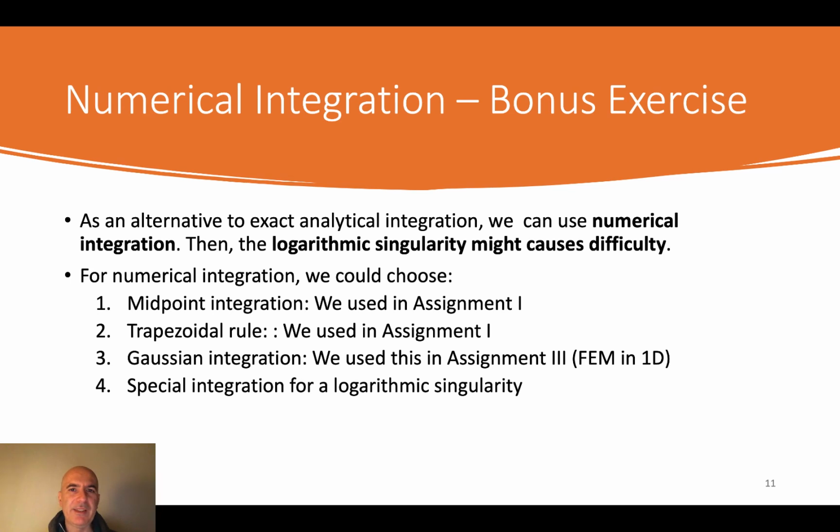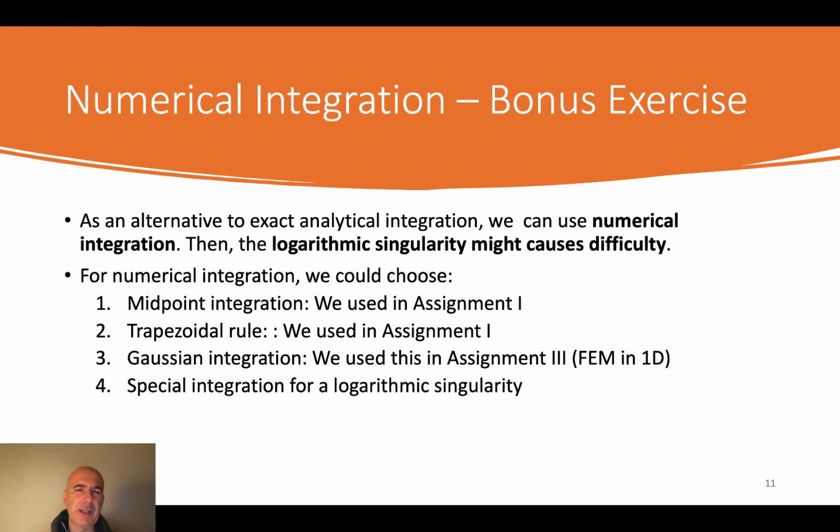So there are 2 techniques that we discussed very briefly in assignment 1 when looking at the convergence test. They are the midpoint integration and the trapezoidal rule. In assignment 3, the one with the FEM in 1D, we looked at Gaussian integration. So you probably remember that we choose two particular points when doing the integration.